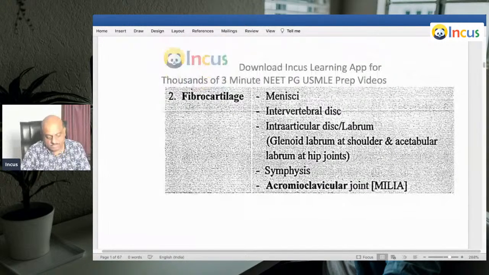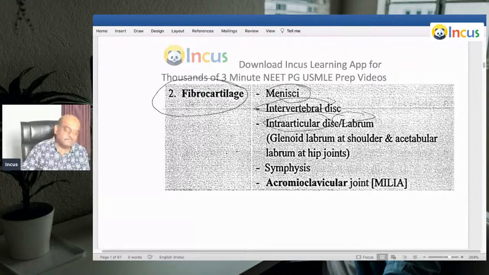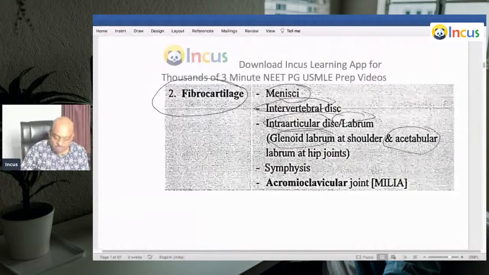Then what is fibrocartilage? All menisci, intervertebral disc, intra-articular disc and labrum: the glenoid labrum at the shoulder, acetabular labrum at the hip joint, symphysis, acromioclavicular joint.